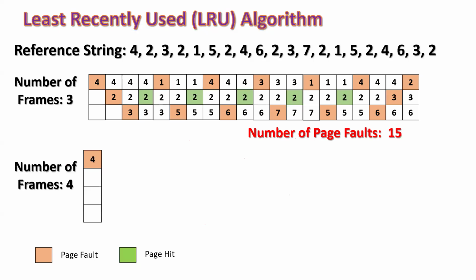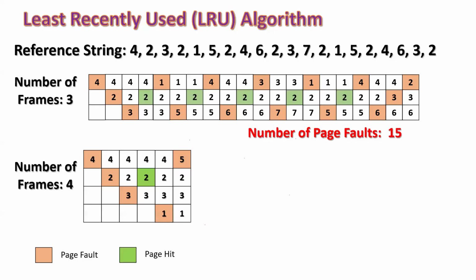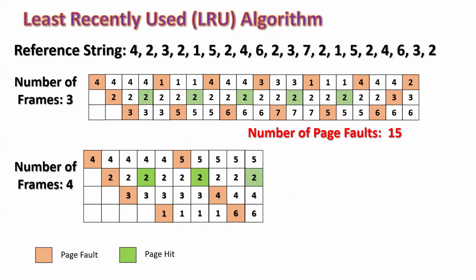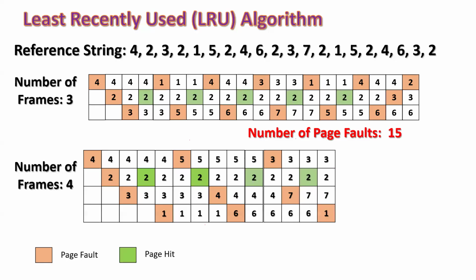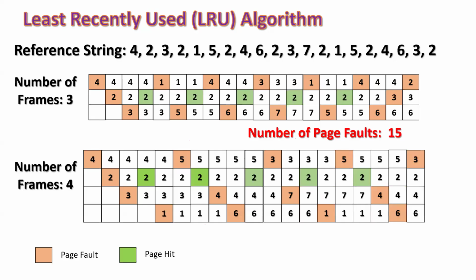So page faults are 15. With 4 frames, you can try this with 5 frames too. So it is expected: same reference string, FIFO with 5 frames, LRU with 5 frames, 3, 4, 5. Solve it, and towards the end, within 20 minutes, you have to upload everything together. Okay, so this is for LRU.